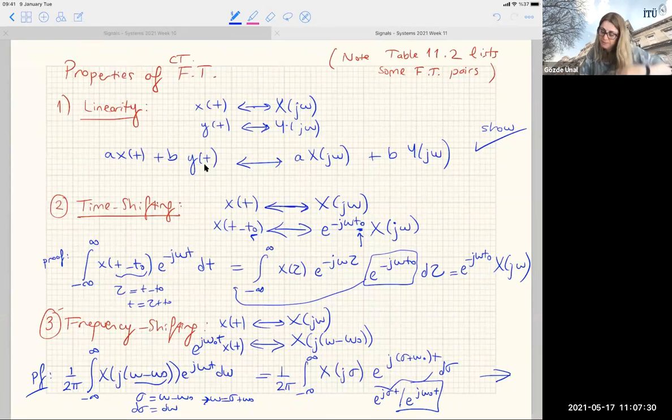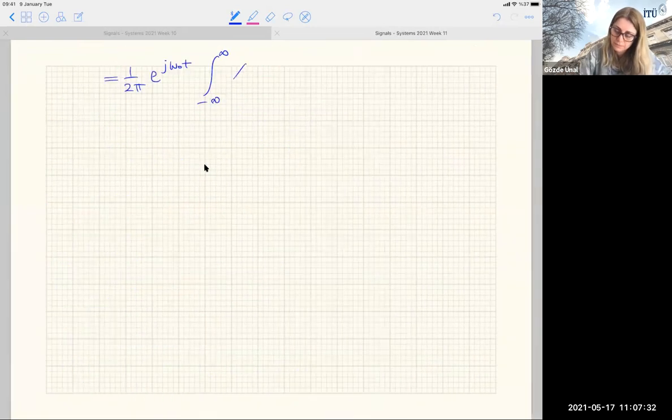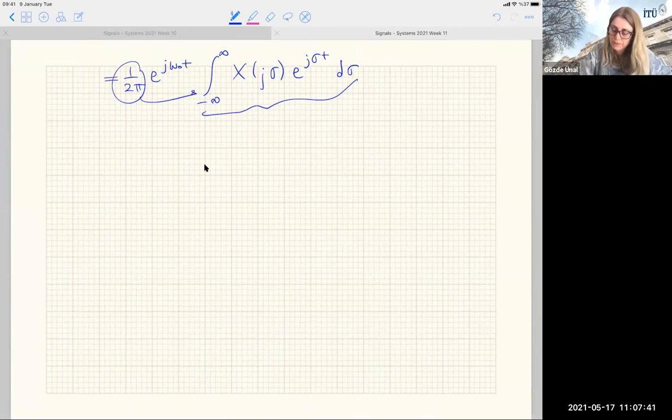X of j sigma e to the j sigma t d sigma, and with its 1 over 2 pi, this is equal to x of t. Okay, this is it. This is my Fourier transform we brought from before.